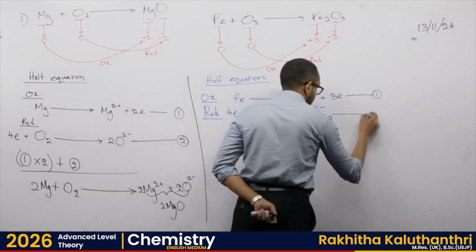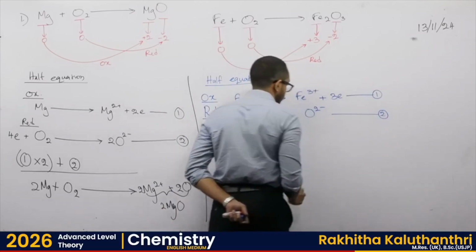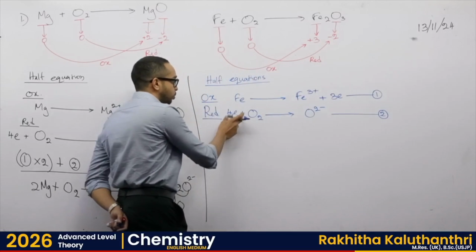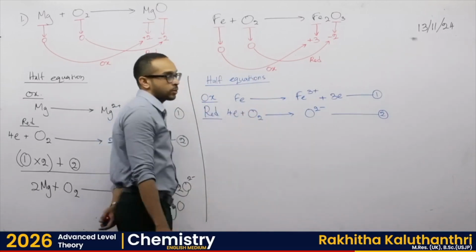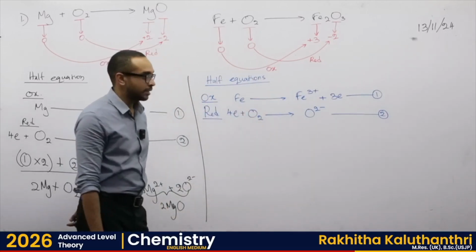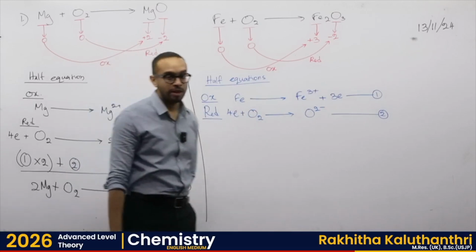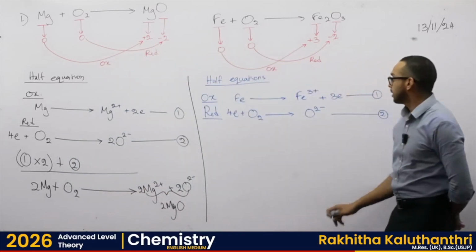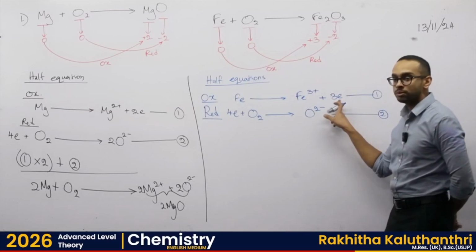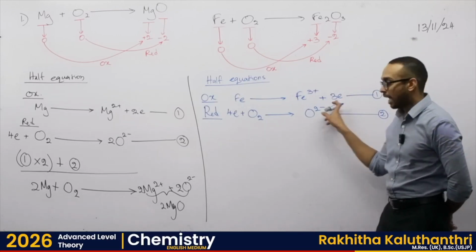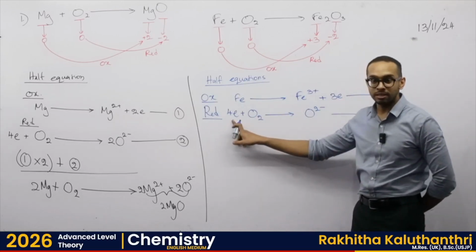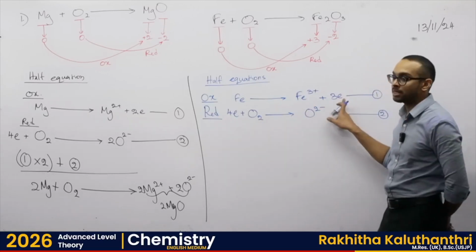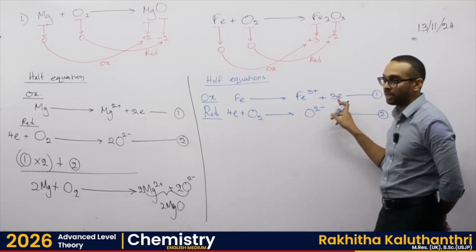So this is our second reaction. The electrons do not match. So what do we do now? Can we do something about it? Let's see. If we multiply this by 2, this gets to 6. Can we get this to 6? No. Now we have to multiply this by even numbers.